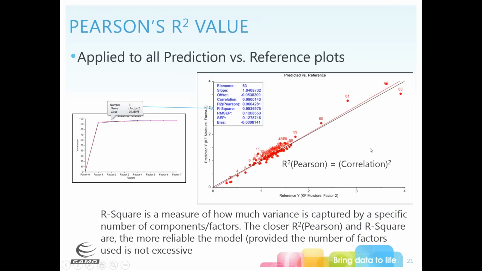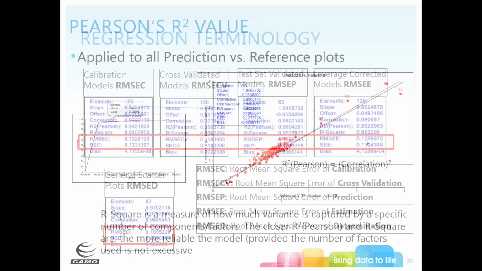So the R-squared value is applied to all prediction reference plots. This is a measure of how much variance is captured by the specific number of components or factors. The closer the R-squared is, the Pearson R-squared is to the R-squared, the more reliable the model, assuming that you're not using an excessive amount of factors.